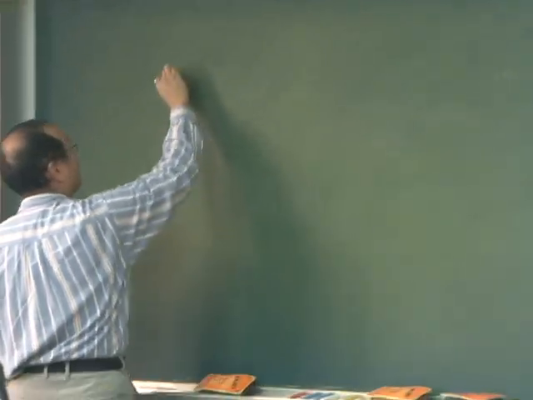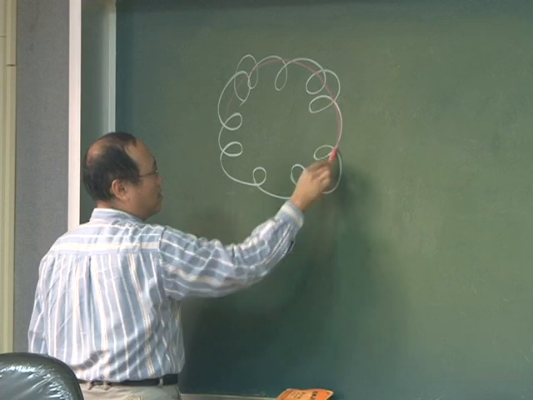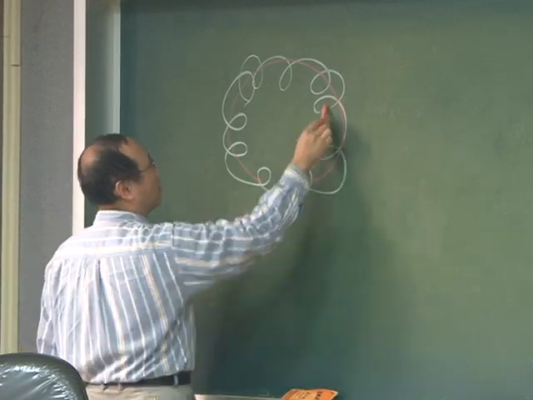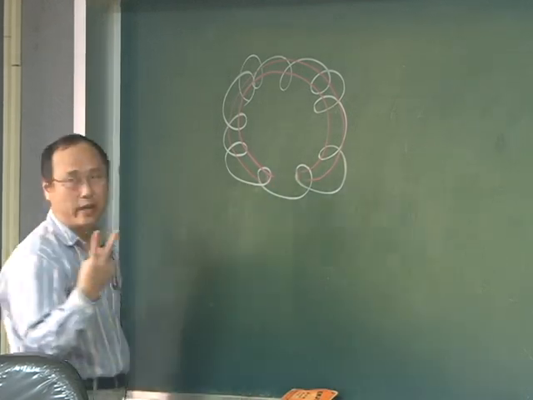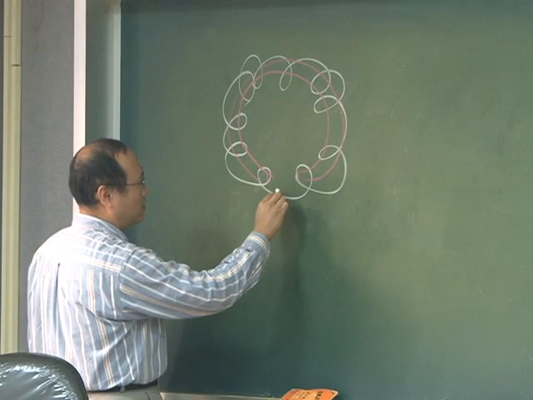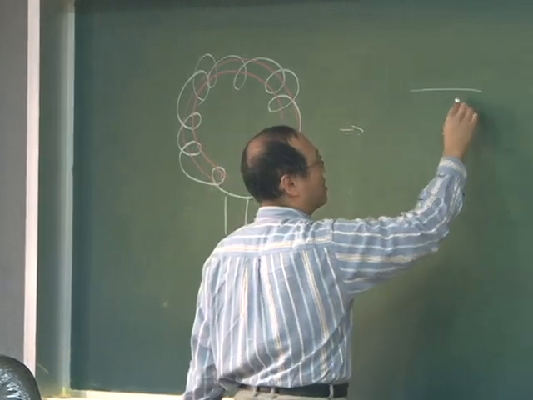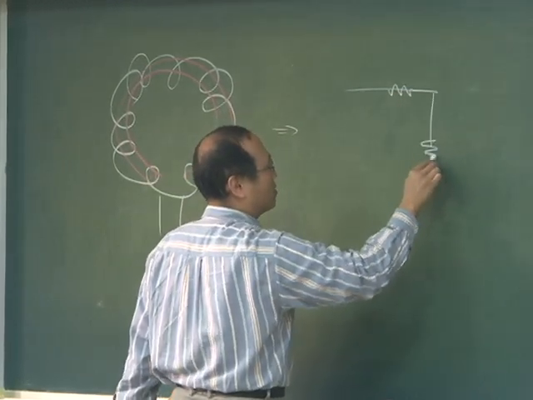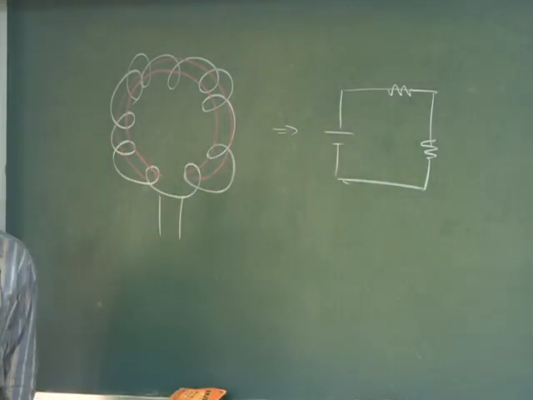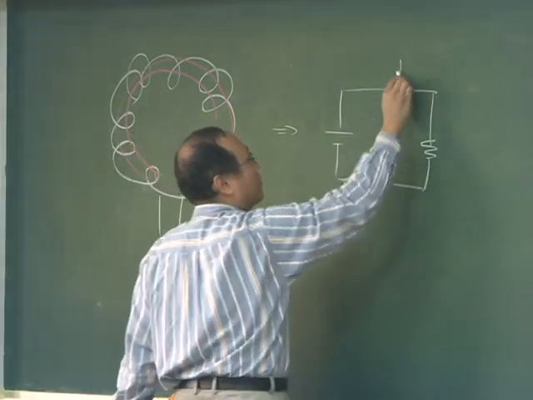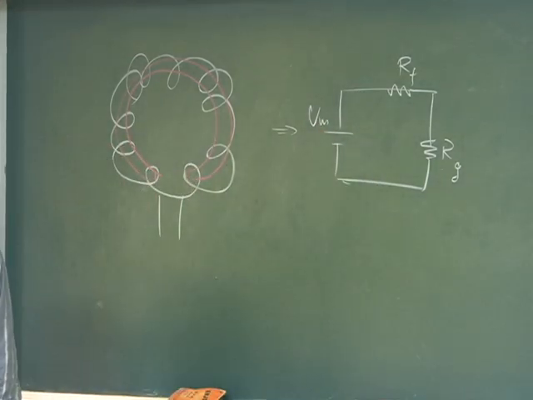So this toroid, this magnetic circuit basically contains two parts. You can write it as a resistor and a circuit like this. Okay, and then you have Rf and Rg and Vm. Basically, you have this.